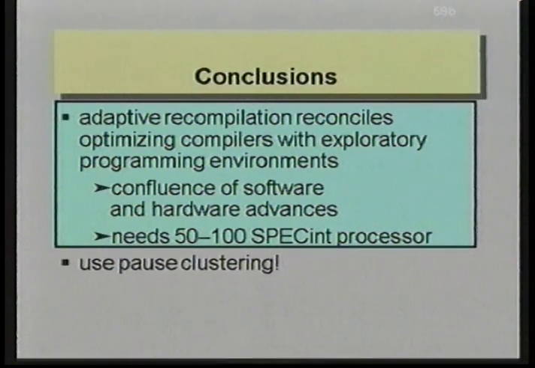It really needs a roughly 50 SPECint processor to keep the pauses under a certain absolute time, which is very important because above about half a second, pauses tend to get very distracting to the user.